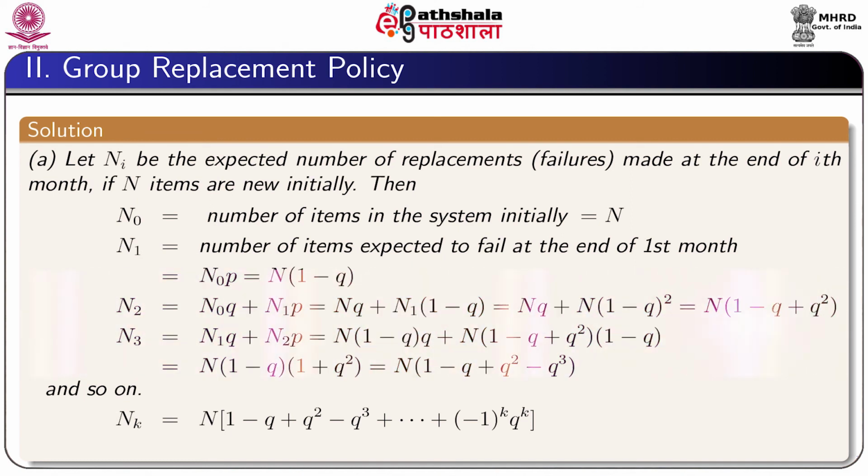So, the expected number of failures would be equal to N_1 into p. So, in total N_2, the number of items expected to fail at the end of second month, will be equal to N_0 into q plus N_1 into p, which is equal to n into (1 minus q plus q squared). By similar arguments, we can find N_3 and so on, and finally, we can get N_k.